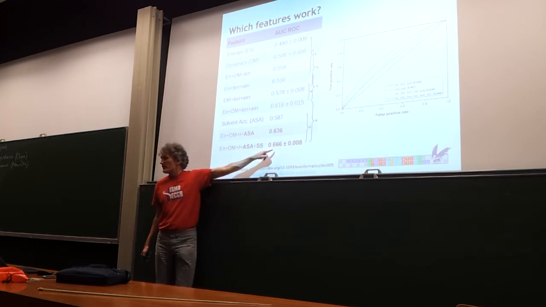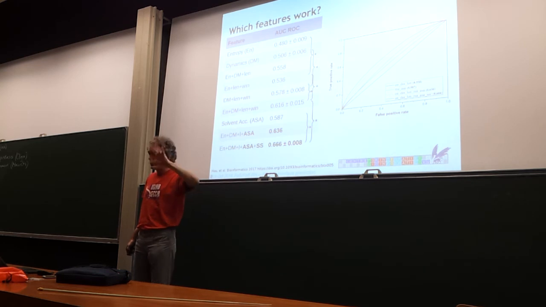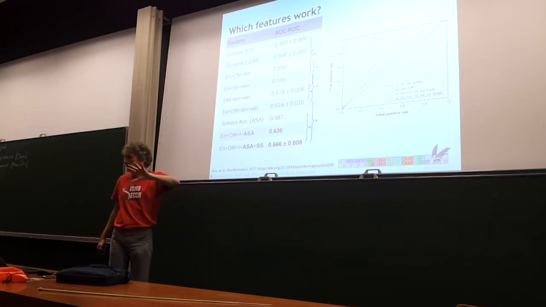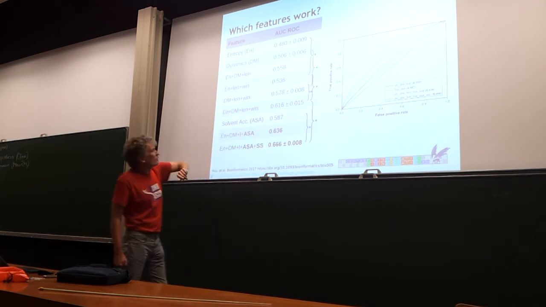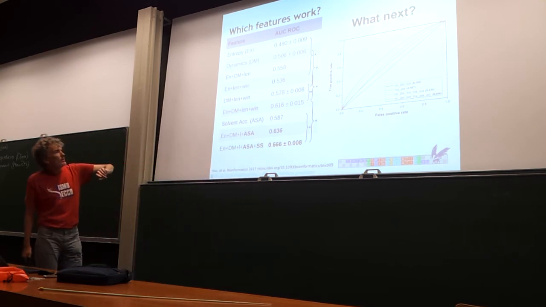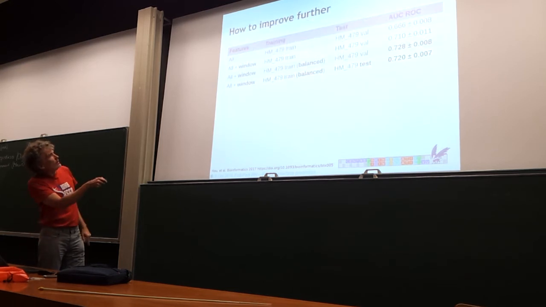You're getting near to 0.7. Above 0.7, you can say the method is sort of good. 0.8 is very good. You're getting closer. Now, what next? Well, we should put the window back in, and then we get 0.71.